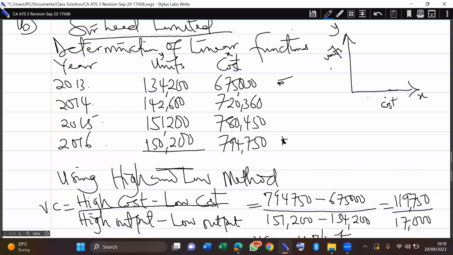Add all the Y together. Add all the X together. The summation of Y is 578,200. And X is what?